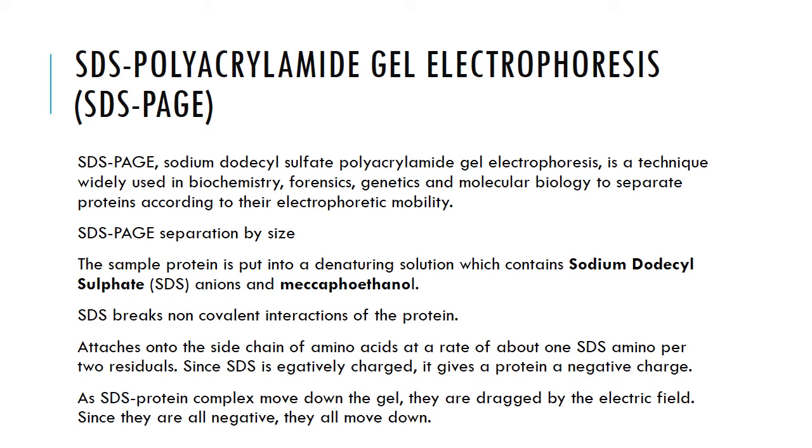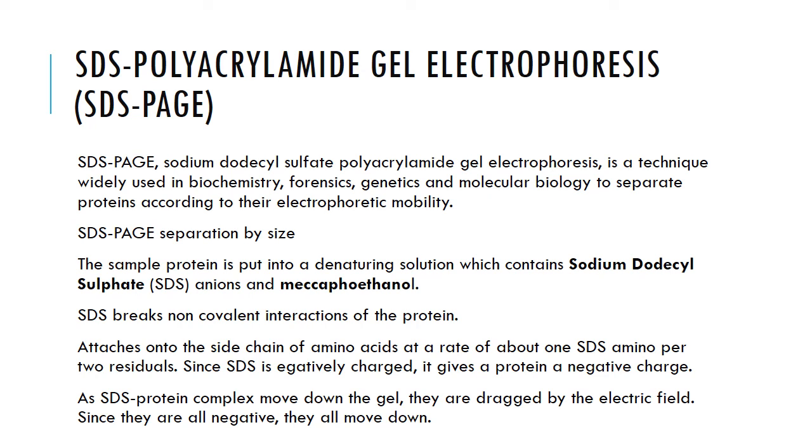So imagine this is the SDS. It's going to attach to this protein. Remember earlier on we said that this SDS is what? An ion. So it's negatively charged. Since it's negatively charged, it's going to render its negativity to the protein.